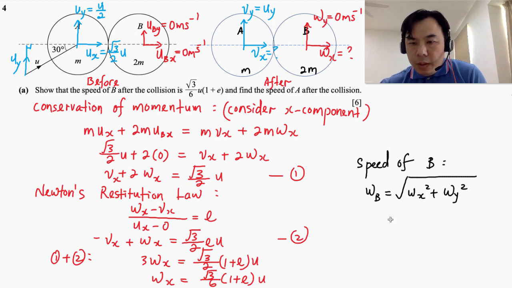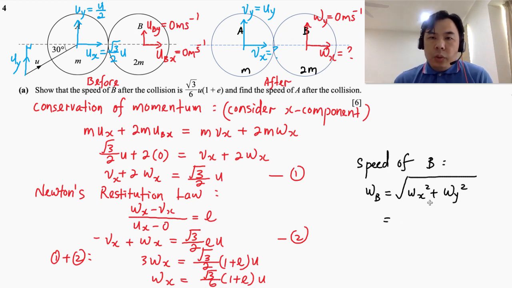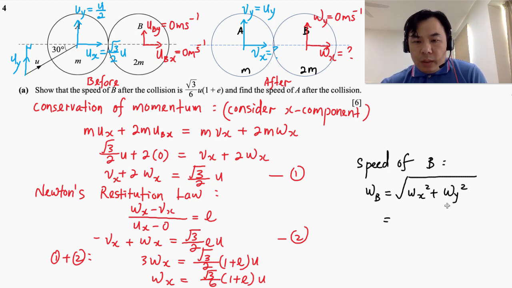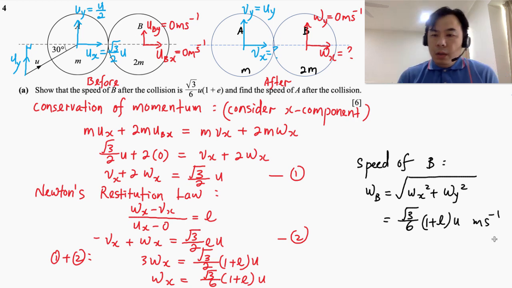Okay, so bear in mind, from here itself, we notice that the vertical component of the velocity after collision for B is 0. That's the main reason why the final answer is actually equal to this one, meter per second. All right, so I hope that is clear. We have successfully proven the first part. The speed of B after collision is given by this equation here, right?